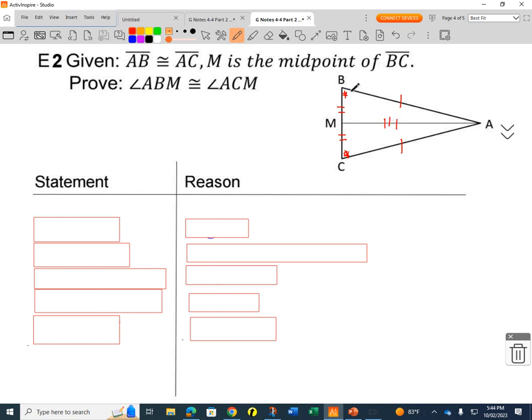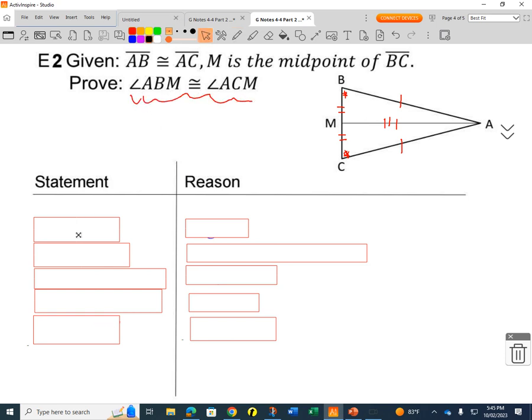We still don't have any information about angle B and angle C. But that's okay, because we have enough information to prove that these triangles are congruent, because we have three congruent sides. This side is congruent to this side, and the shared side is congruent. So once we state that the triangles are congruent, then we'll be able to state that this angle is congruent. So remember, this is the very last statement here.